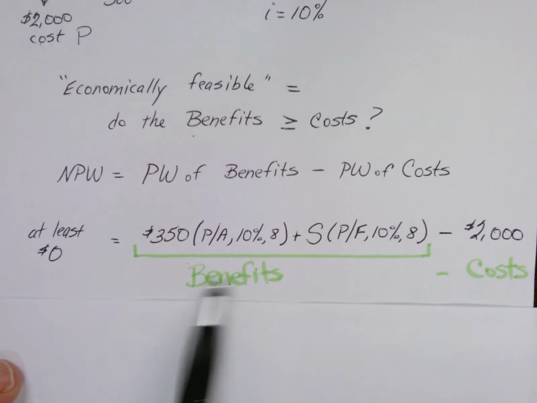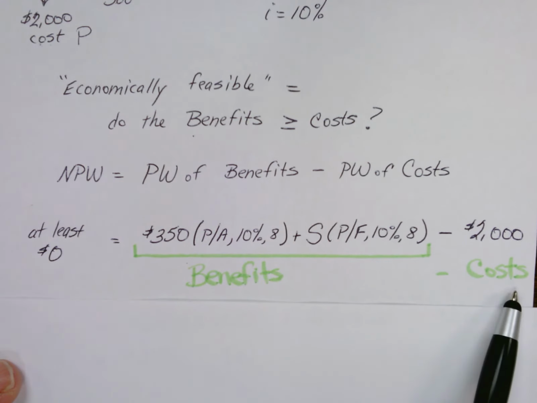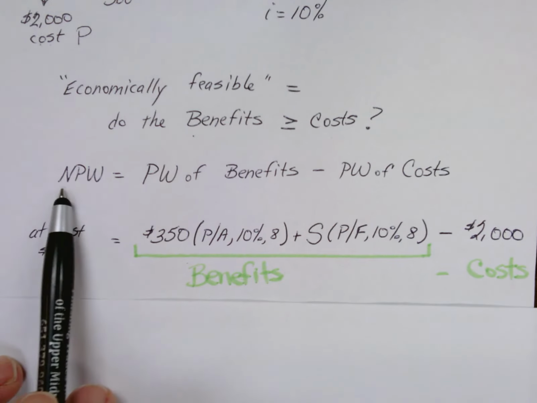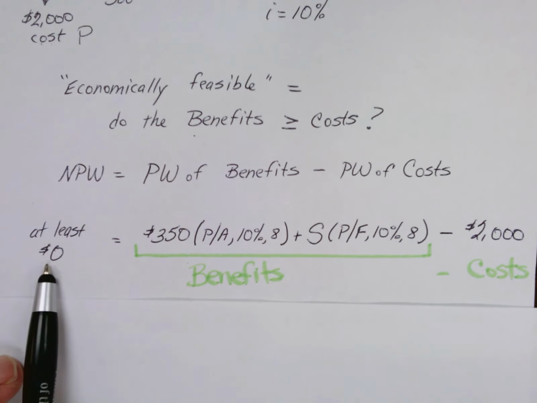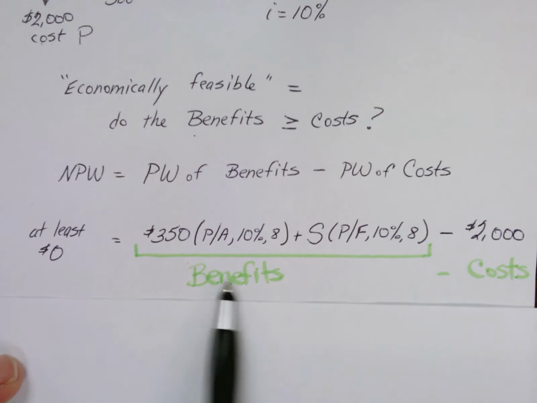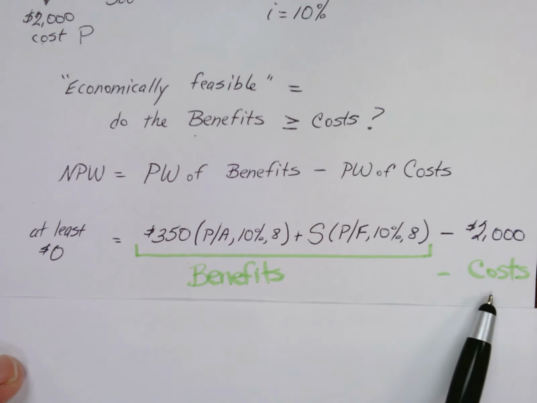So we take the benefits, subtract the costs, and we'll bring everything to present day dollars. That's going to be our source of equivalency. Bring everything to present day dollars. So does the net present worth have to equal or exceed 0? It will if the benefits are greater than the cost, when the benefits and the costs are both brought to present day dollars, discounted back to present value.